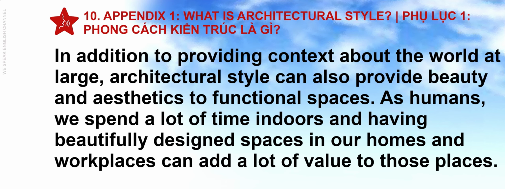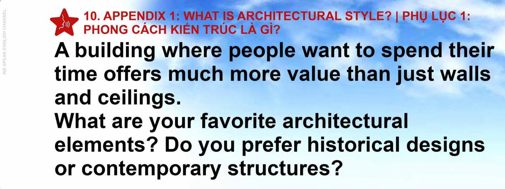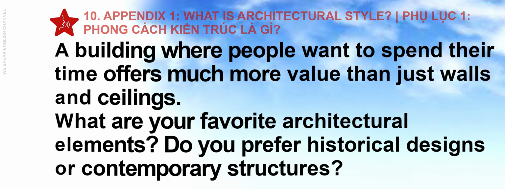As humans, we spend a lot of time indoors, and having beautifully designed spaces in our homes and workplaces can add a lot of value to those places. A building where people want to spend their time offers much more value than just walls and ceilings. What are your favorite architectural elements? Do you prefer historical designs or contemporary structures?